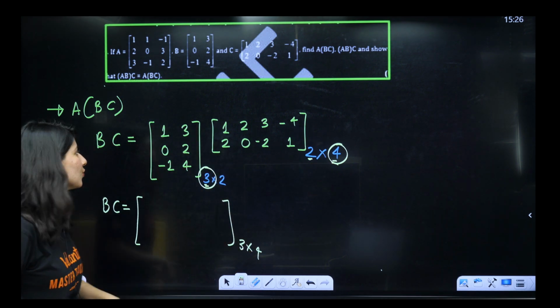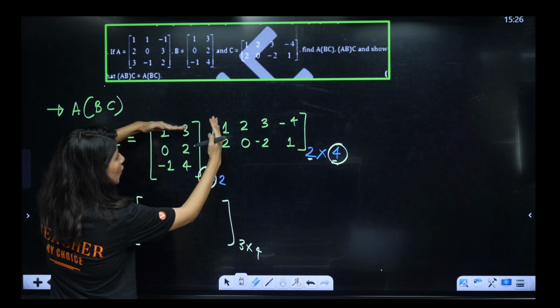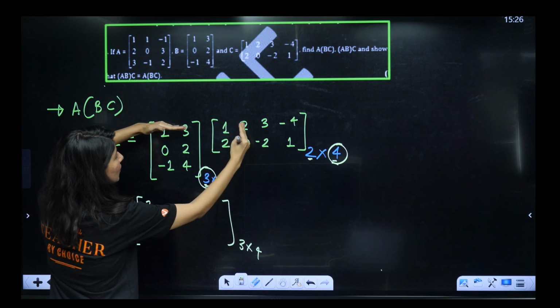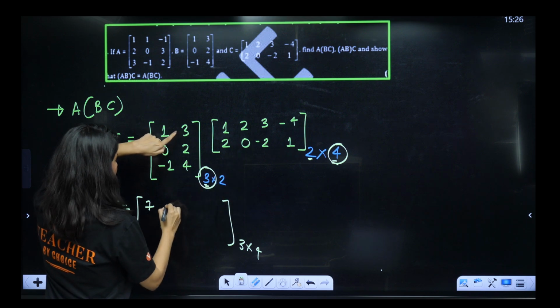3 cross 4. Now row 1, column 1: 1 plus 6, you are going to get 7. Row 1, column 2: 2 plus 0, 2.